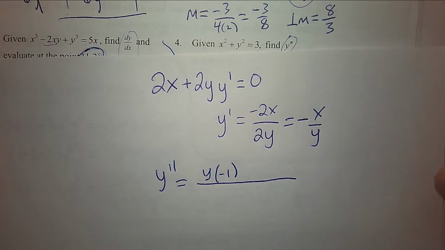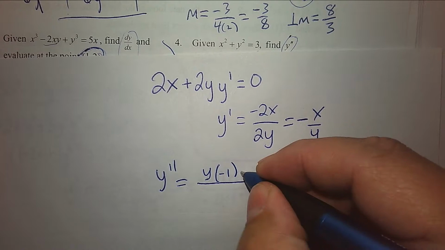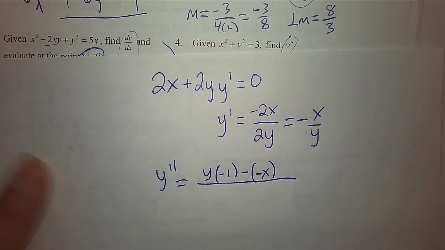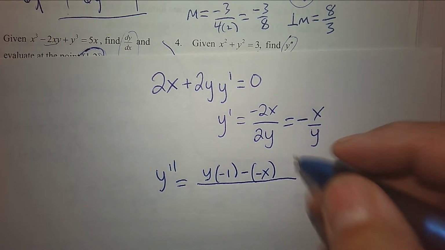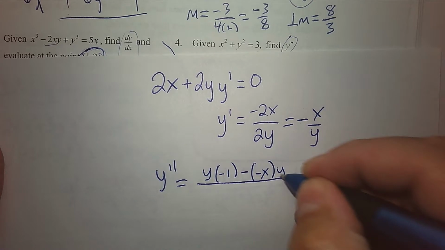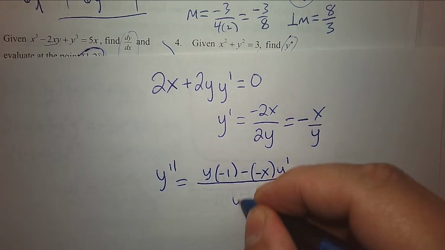What's the derivative of negative x? Negative 1. Subtract the top, which is negative x, times the derivative of the bottom, which is 1, but what do you have to include? Y prime. So 1 times y prime is y prime. And then it's the bottom squared.